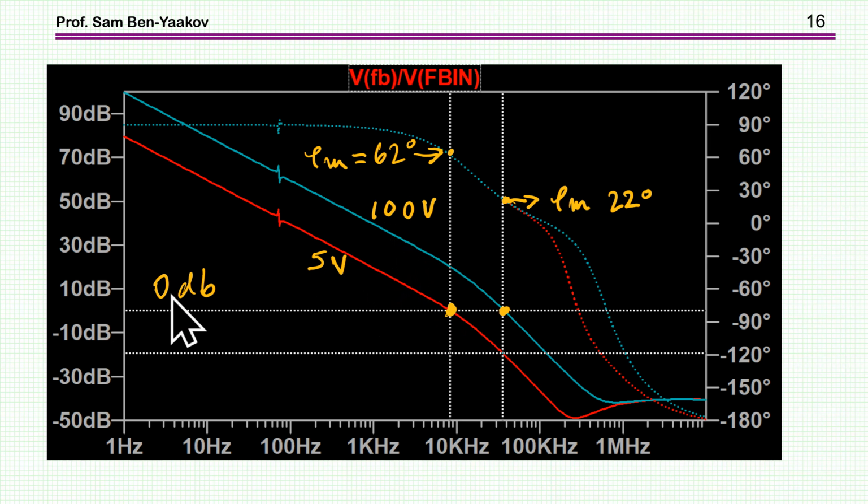So this is the 0 dB, and here is the phase margin of the system with the 5-volt supply, and here is the phase margin of the system with the 100-volt supply. Obviously, we are moving this way, the gain is higher, and if the phase is going down, then the phase margin is becoming smaller. Here we have 62, and here we have 22.